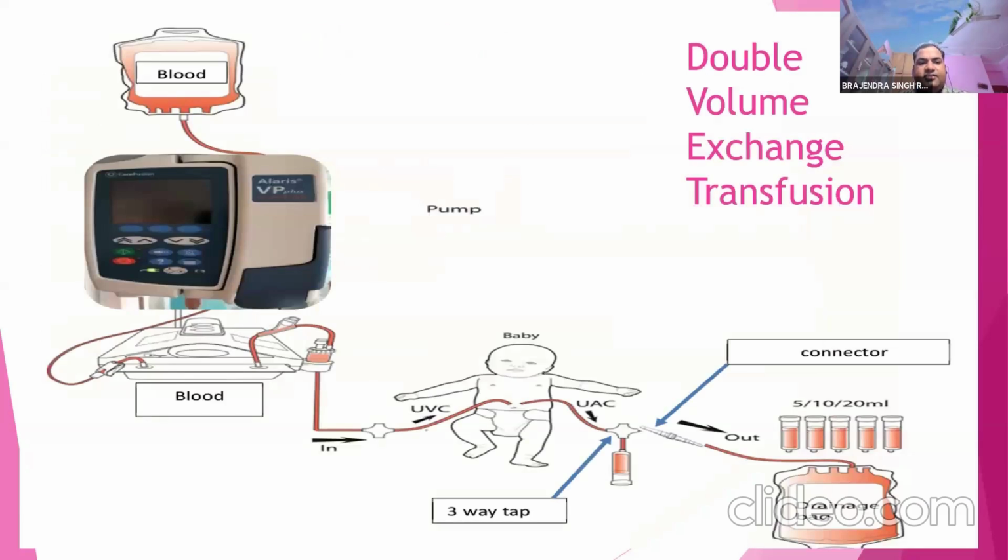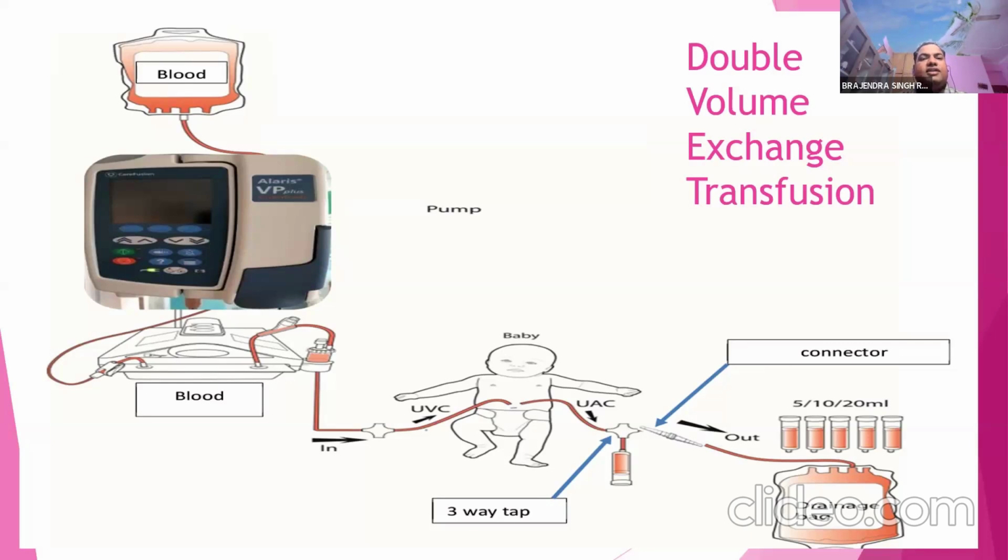This is the circuit. You should know how to prepare it. You should not wait for the doctor. At least prepare the whole circuit, like the UVC catheter for entry, the UAC catheter for exit of the blood, three-way stopcocks, different syringes, and different monitoring systems.